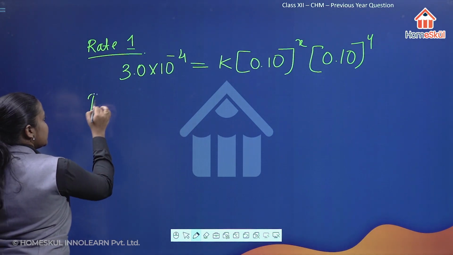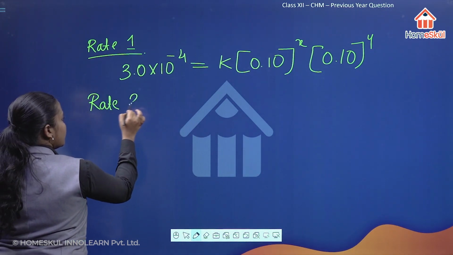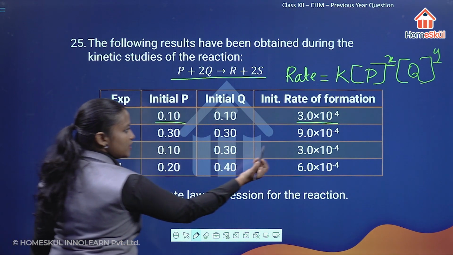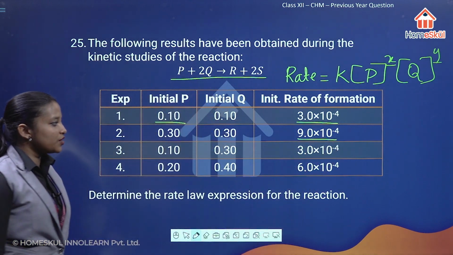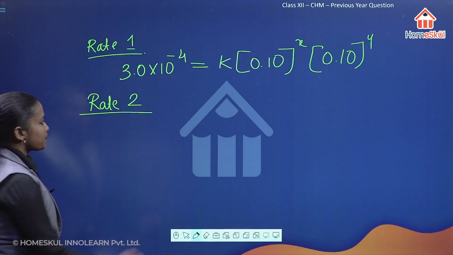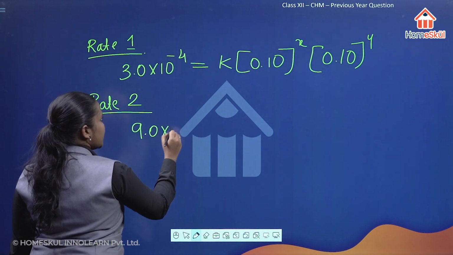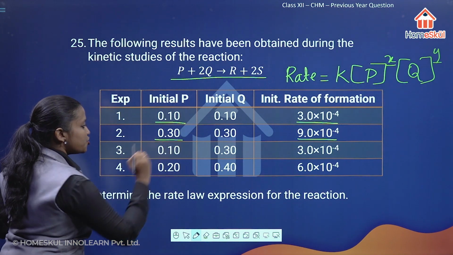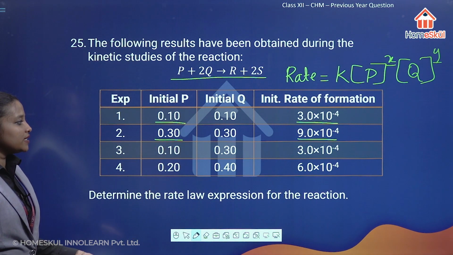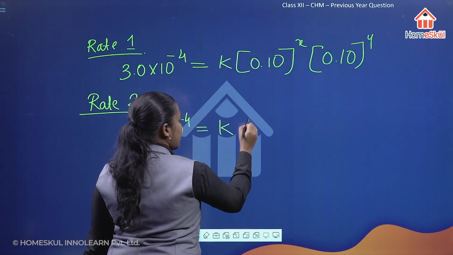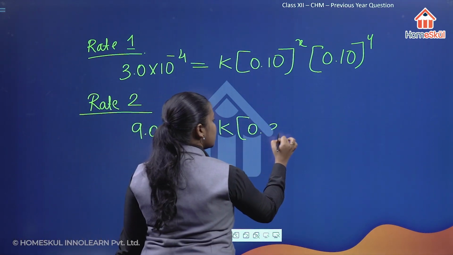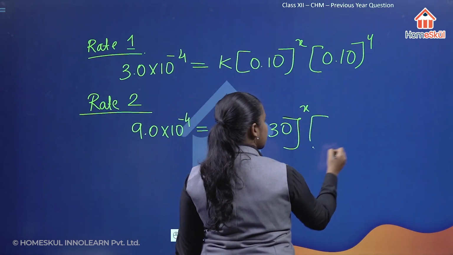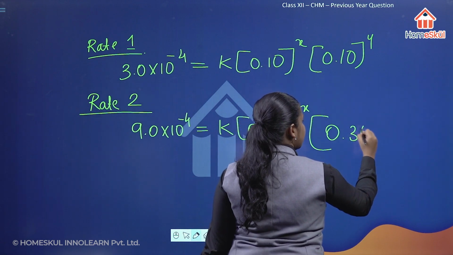Then consider the second reaction. The initial rate of the second reaction is 9.0 into 10 raised to minus 4, which is equal to k into 0.30 raised to x into 0.30 raised to y, since the initial concentration of P is 0.30 and that of Q is 0.30.